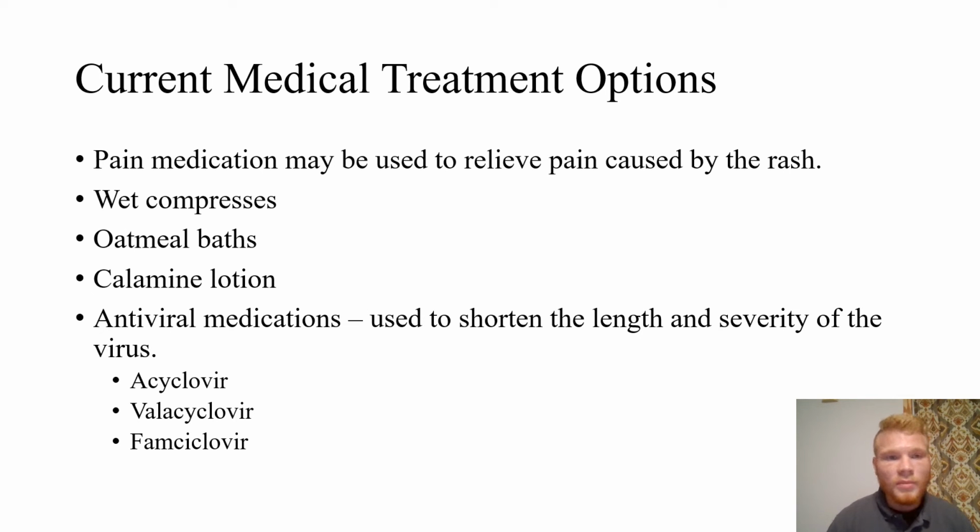So current medical treatment options, you got pain medication, which relieves the pain caused by the rash. You have wet, cold compresses, which can drastically reduce the itchiness and inflammation with the infection. Oatmeal baths. Oatmeal baths are very good because oatmeal has a wide variety of uses with the skin, from moisturizing the skin to reducing itchiness of the ulcer bases.